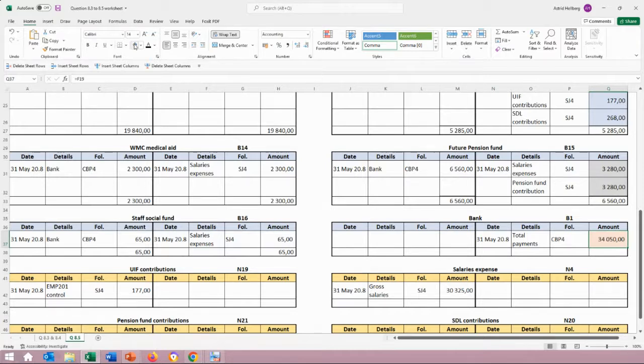So that is just to show you, if we go back to Learning Unit 4, the cash payments, remember the total bank column gets transferred to your bank account so that it balances.